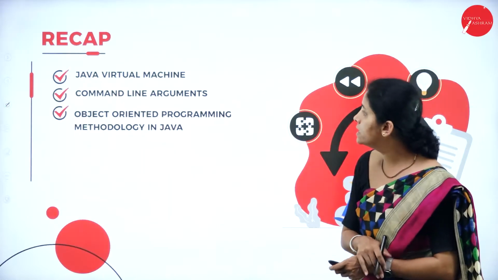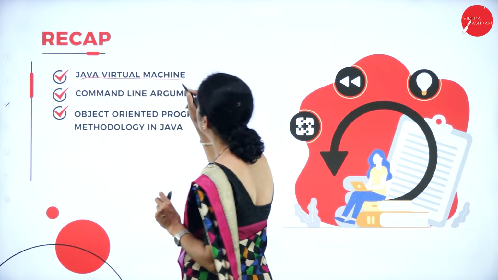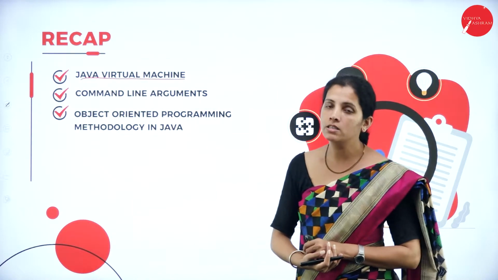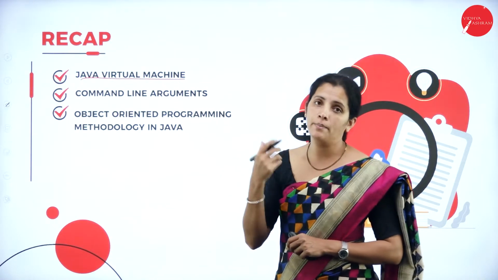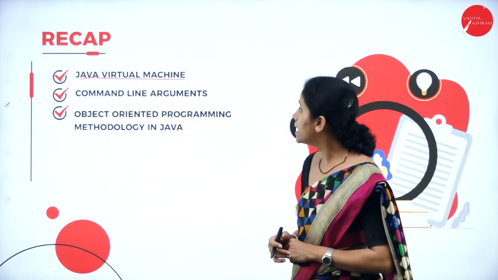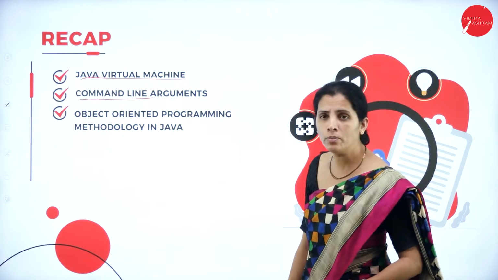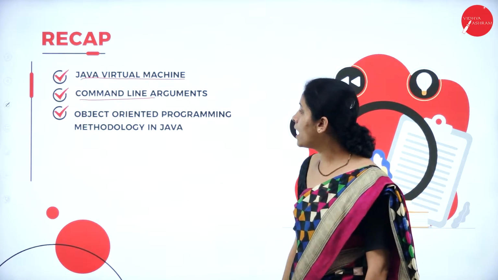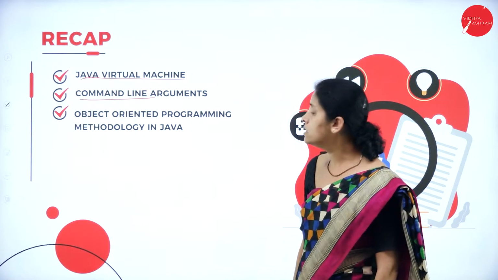Dear student, in my last session, I started with Java Virtual Machine. So what is Java Virtual Machine? This machine is present on the computer memory and it's present logically. Along with that, I have discussed command line arguments, and object-oriented methodology in Java.